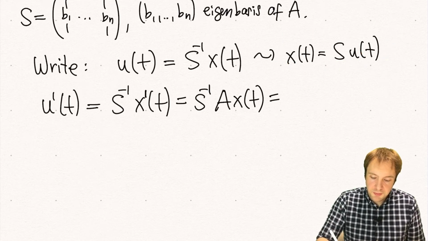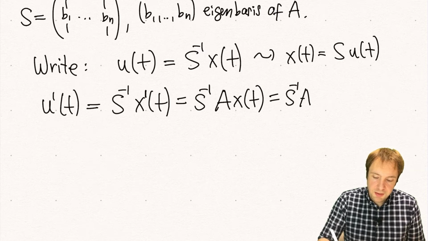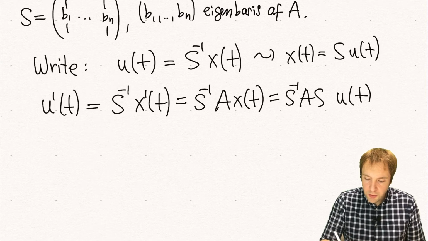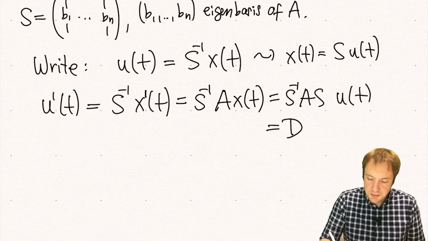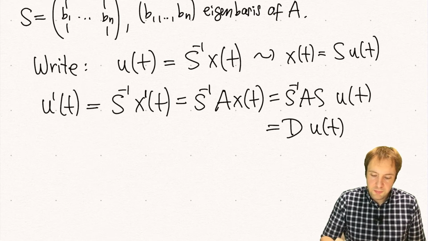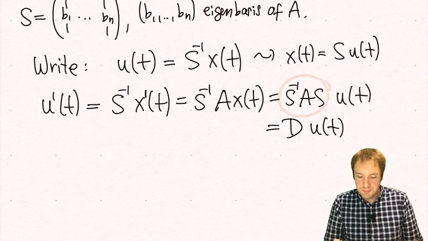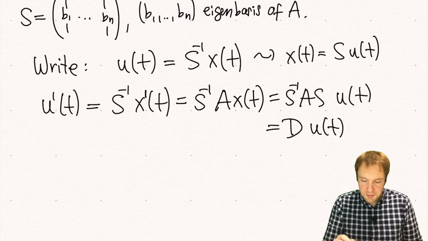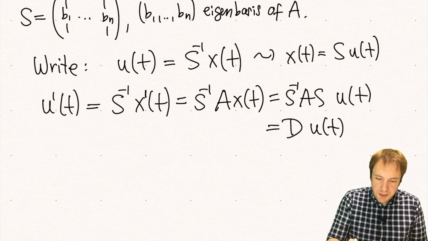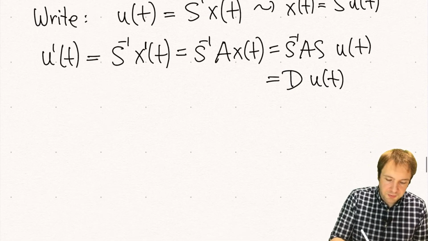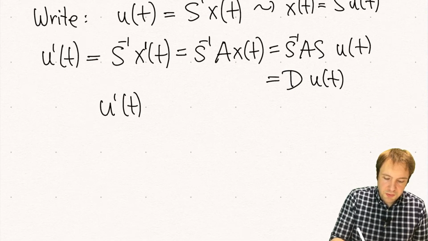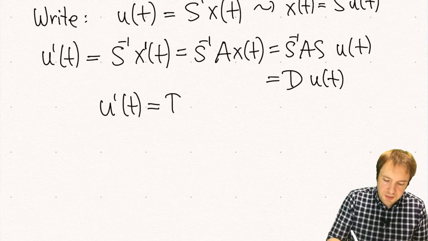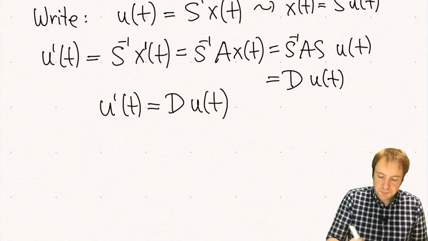So this is S inverse A S u(t). But this is just D u(t), because this here is this diagonal matrix D. So what we have now is a new dynamical system with u prime equals D times u(t).